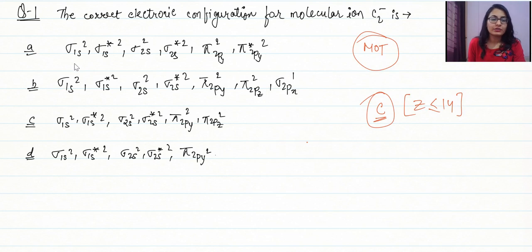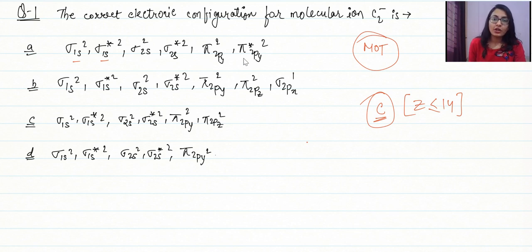We are going to start from sigma 1s to sigma 1s star as well. Then comes sigma 2s2 and sigma 2s star 2. Then comes pi. So the order of the orbitals is correct: sigma 1s, sigma 2s, and then the pi orbitals.